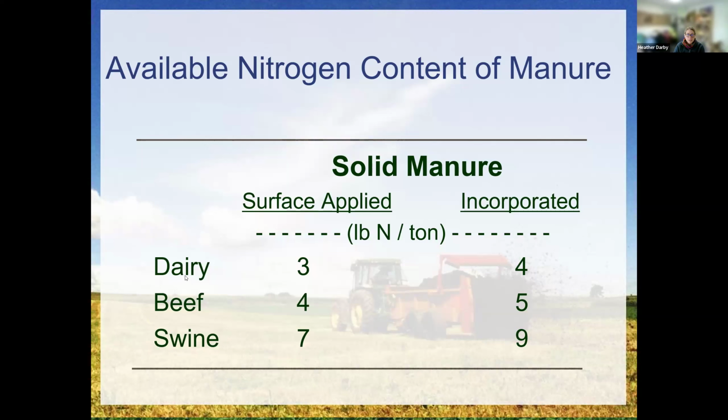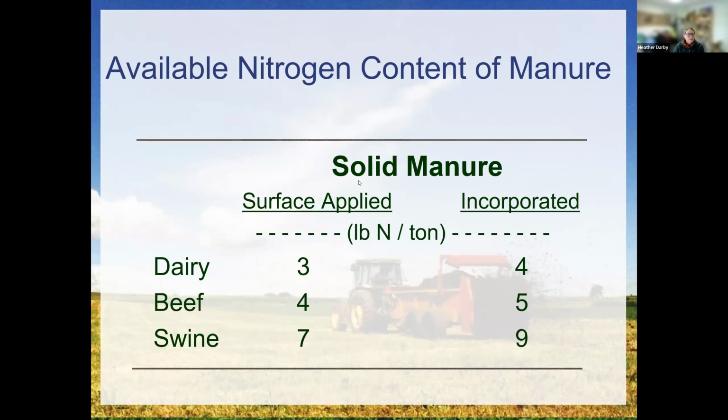So in dairy manure, roughly 3 pounds of nitrogen per ton of manure. If you surface apply that manure, 3 pounds, okay? If you incorporate the manure, you get 4 pounds.